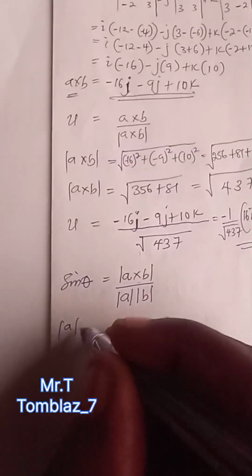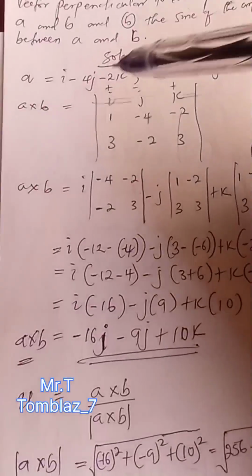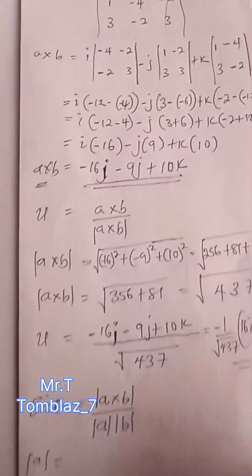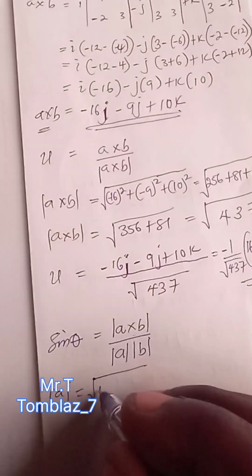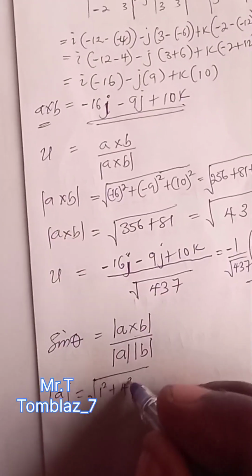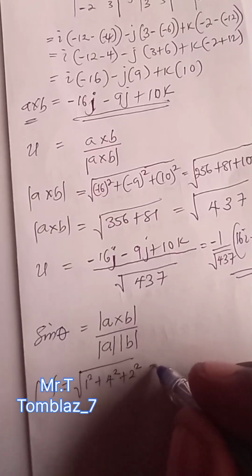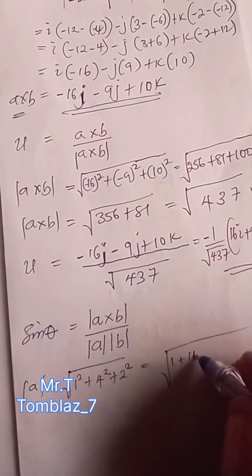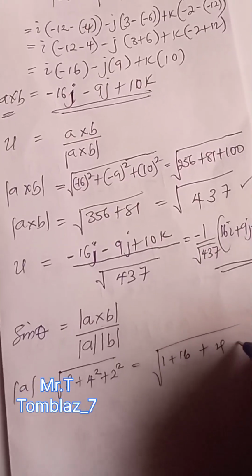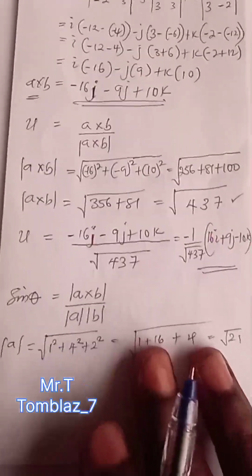So the modulus of A will be equal to the square root of 1 squared plus 4 squared plus 2 squared, right? So it's going to give you square root of 1 plus 16 plus 4. So this is going to give you square root of 21.